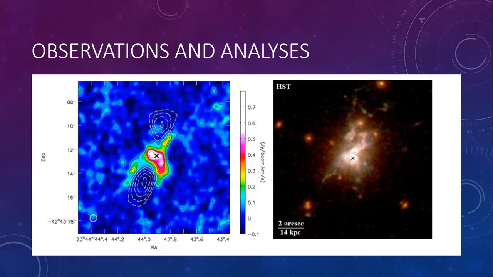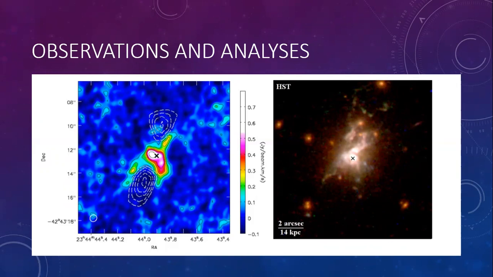The dashed white contours at the top and bottom of the screen show the X-ray cavities. The right-hand side of the picture is a photograph taken by Hubble Space Telescope at the same field of view as the left-hand side intensity map has shown.